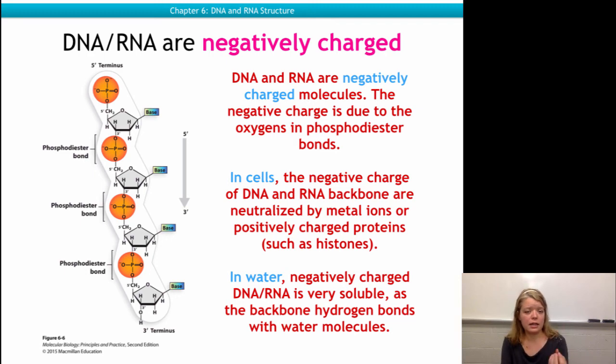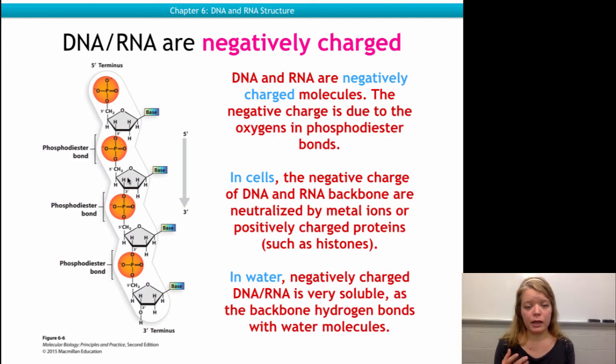Another important characteristic of DNA and RNA comes from its backbone. Because DNA and RNA are held together by phosphodiester bonds that carry a partial negative charge, because they have this oxygen here that stole stuff from a phosphate and is partially charged. So in cells, the negative charge of the DNA or RNA molecule is neutralized by metal ions that bind to the phosphate, or by positively charged proteins such as histones that coat the DNA and spool it into nice little spools.